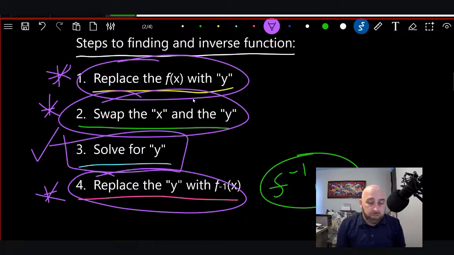That's just algebra, okay? So pay attention there to number 1, number 2, and number 4, swapping those out. Number 3, just use your algebra that you know how to do, solve for y, get y by itself, and then switch it back, replace it back to the function f inverse of x, okay?